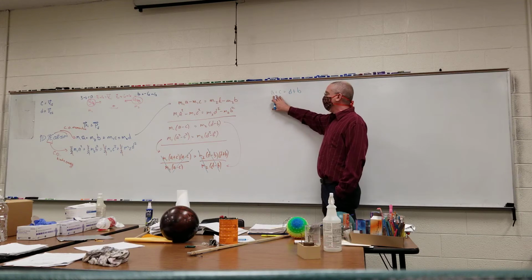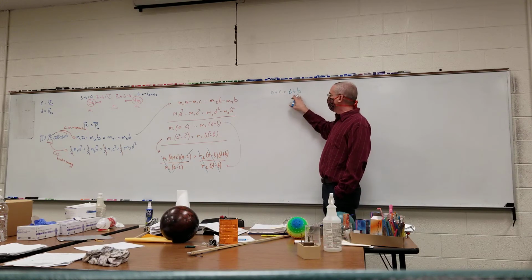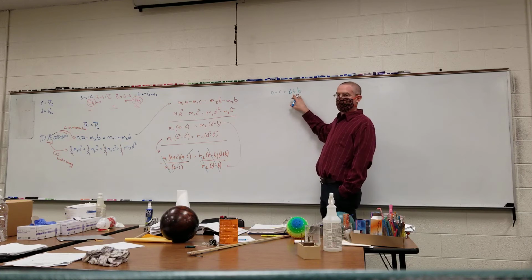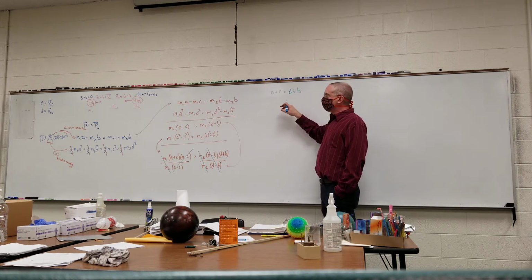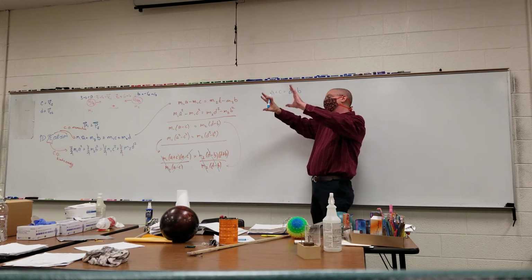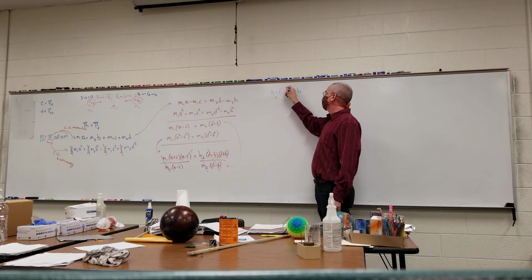Now, the A and the C are the velocities of mass 1 before and after. D and B are the velocities of mass 2 after and before. So let's get the initial stuff together and the final stuff together. In other words, bring B over to the left side and C over to the right side.